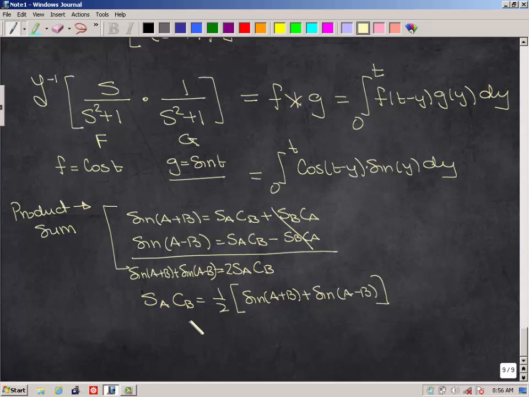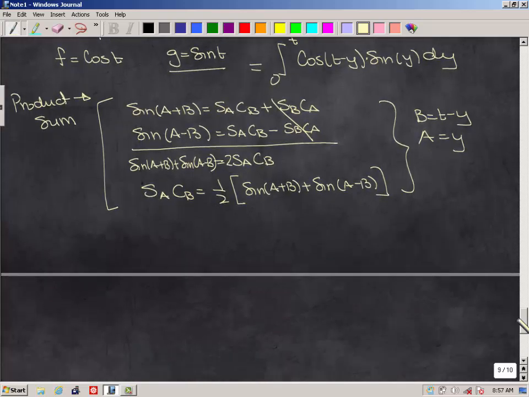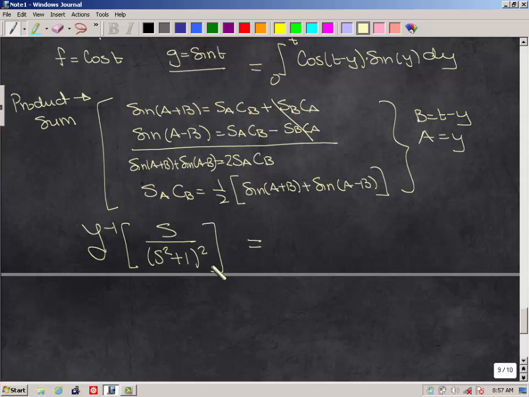In our example, b is going to be t minus y and a is going to be y. Do you follow? So if I do that, what does that integral become? We get inverse Laplace of s over s squared plus 1 squared will become the integral from 0 to t, and there's a half in the front.